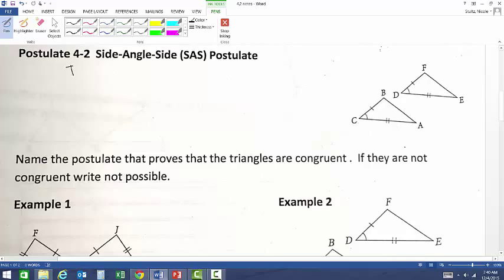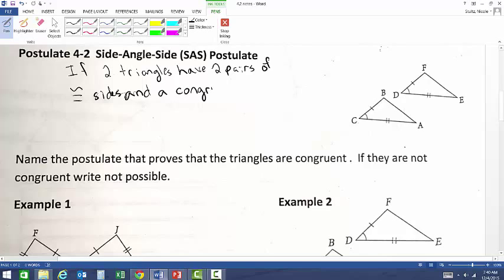But it says if 2 triangles have 2 pairs of congruent sides and a congruent included angle.